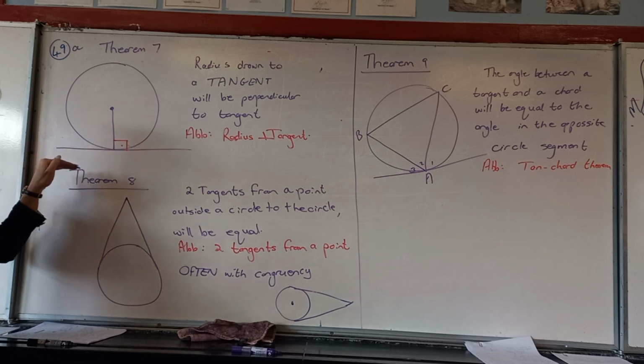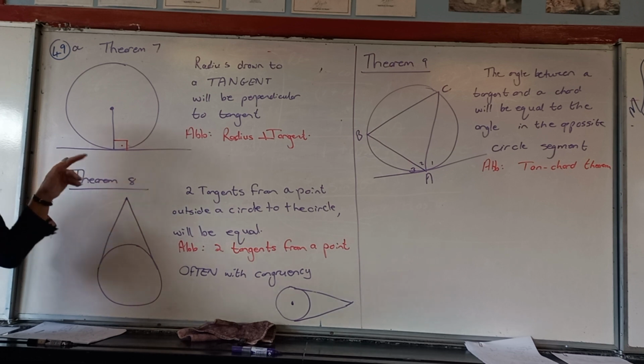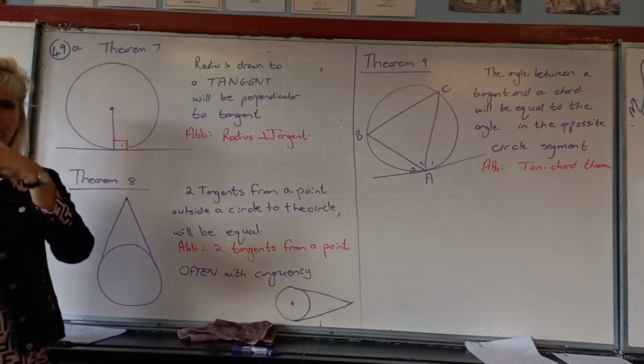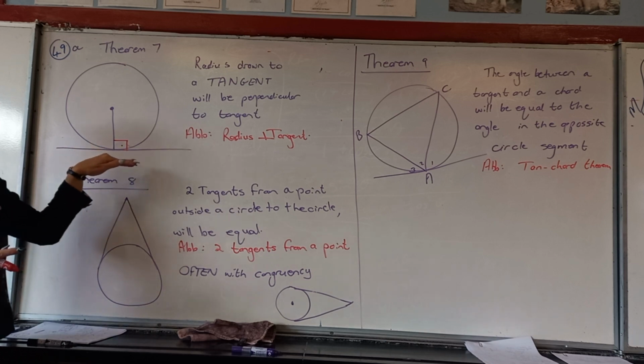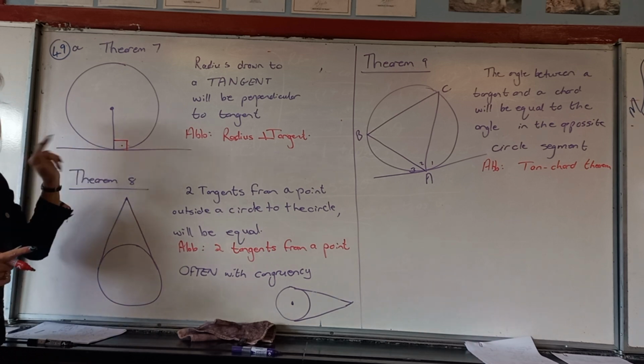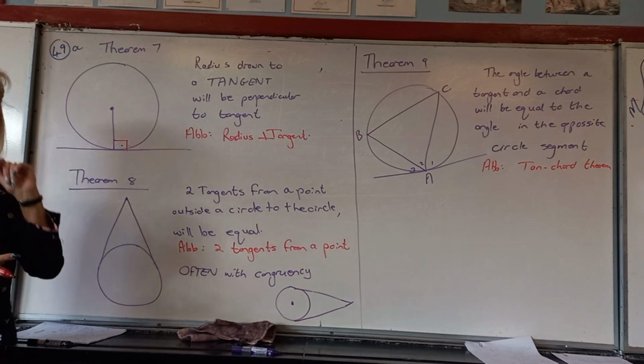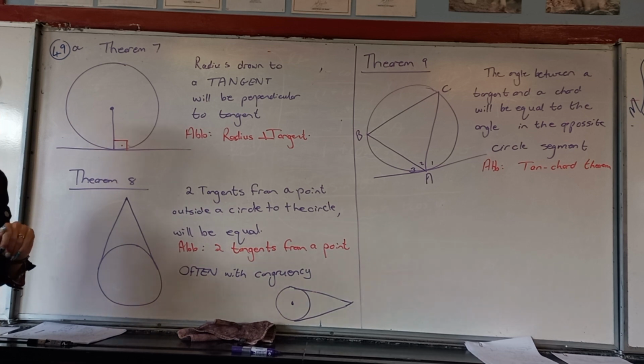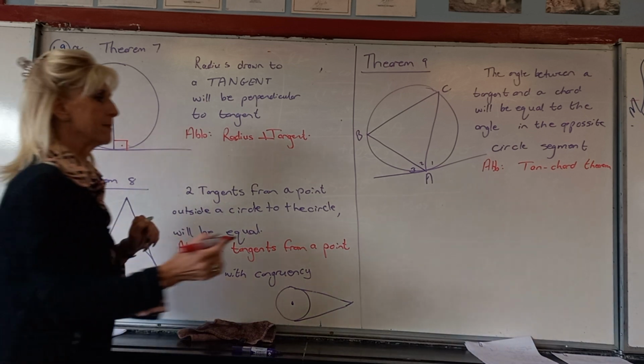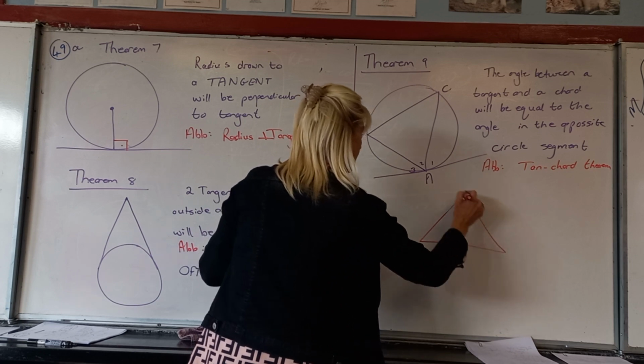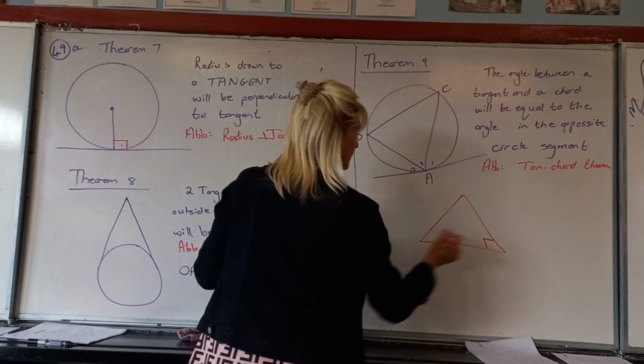So if there was a 90-degree angle, what did I know about this line? It will be a tangent. I'm talking about opposites, converses. If I didn't tell you it was a tangent, and there is a 90-degree angle, you know that it is. So there are going to be sums later on where I say, aha, this is 90.